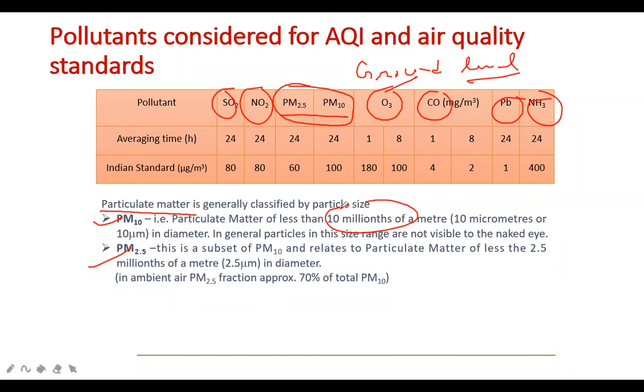Now, third is PM 2.5. PM 2.5 is a subset of PM10 basically. It's very fine, particulate matter of less than 2.5 micrometer in diameter. But 2.5 is much more dangerous. There are certain industrial activities which generate very fine particulate matter, and if released as such, it can create many problems.